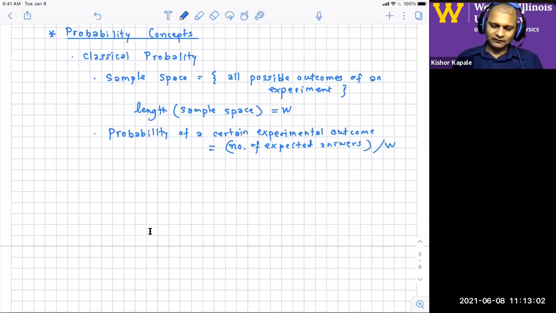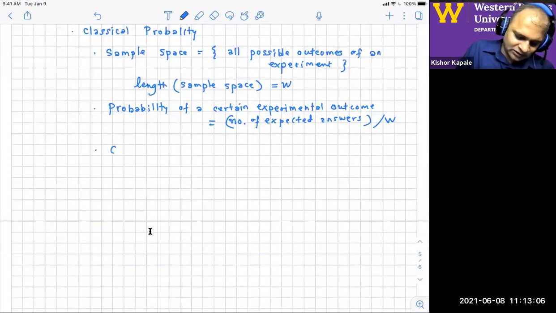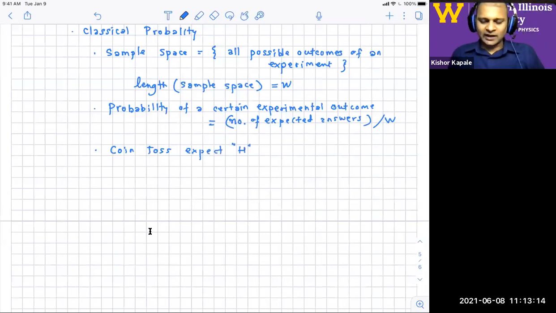So for example, if we do a coin toss and expect heads, because let's say it's a game where you get to do a certain thing if you get heads and you don't if you get tails. You get to serve in a game of tennis if you get heads, right? Who is going to serve first? They do a coin toss to figure that out.